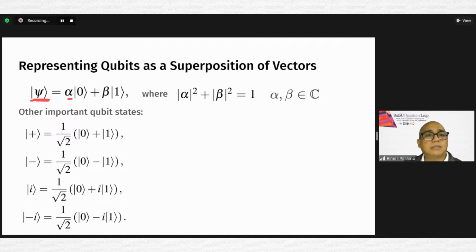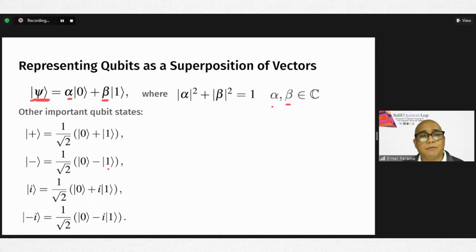We call these probability amplitudes or amplitudes. We need to take the absolute value and square them to come up with probabilities. But I didn't mention yesterday that this alpha and beta should be complex numbers. That's why I introduced to you the concept of complex numbers.